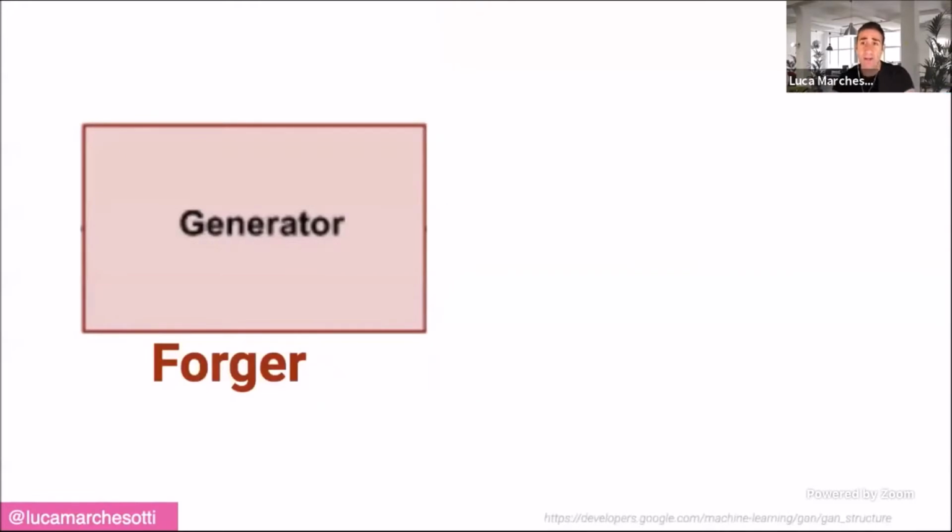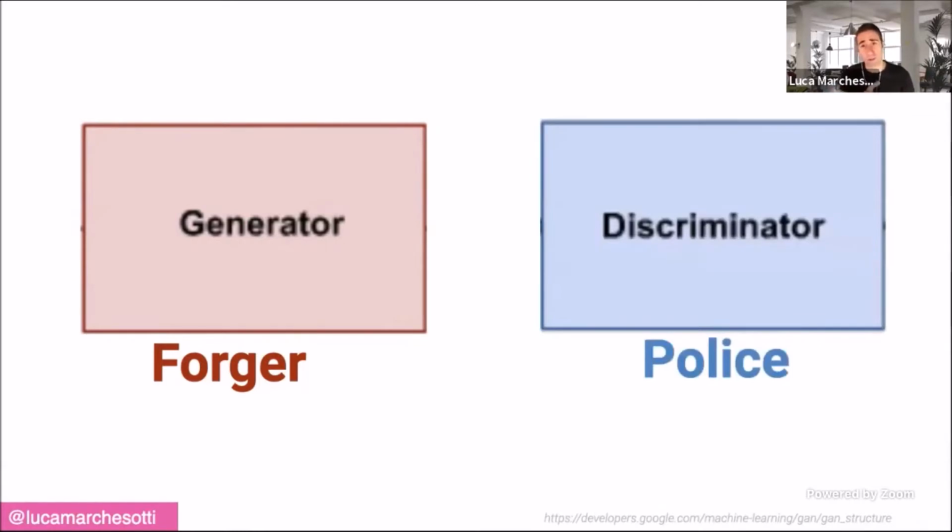The generator must learn to make money, and such money should be indistinguishable from genuine money. And then there is the police that we call the discriminator, that is trying to create samples drawn from the same distribution of the training data. Fairly simple. So again, it's a two players game, one against the other.